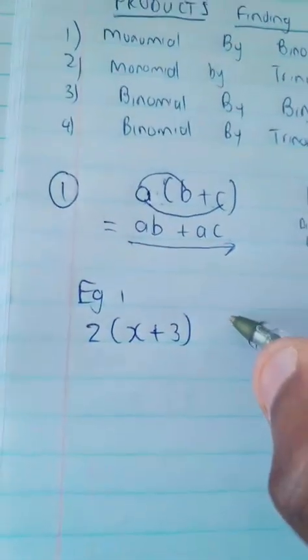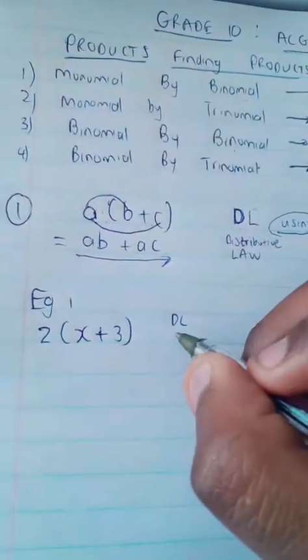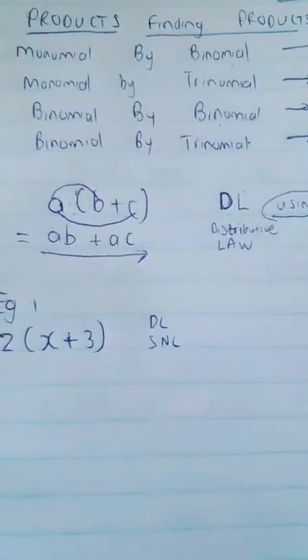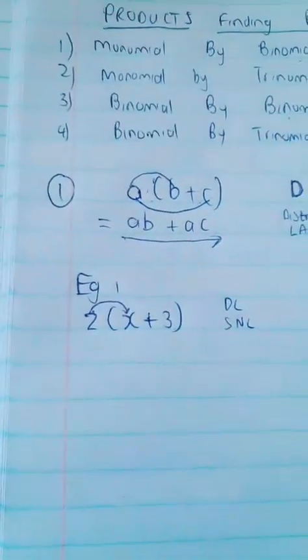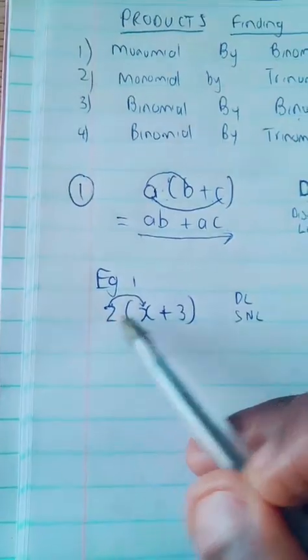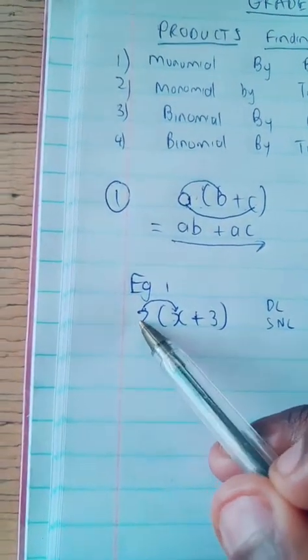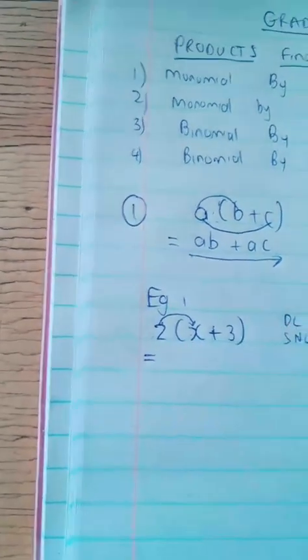So what do we do? We apply the distributive law using sign, number and letter. 2 distributed to the x. 2 times x. 2 is positive, x is positive. A positive times a positive gives us a positive answer.